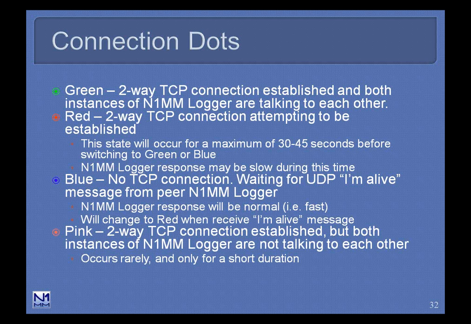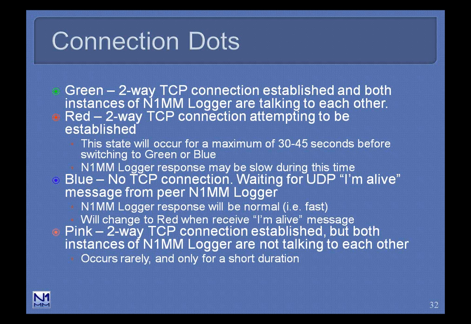And as long as that I'm alive message is not received, it's going to stay in that blue state, and N1MM Logger will respond normally. In other words, it will be just as fast as normal. When it gets that I'm alive message, it's going to change from blue back to red. And then because it got that alive message, it should change very quickly from red over to green, meaning everything's good.